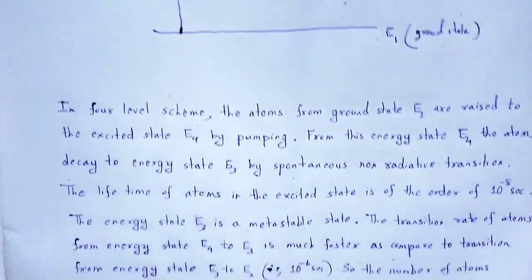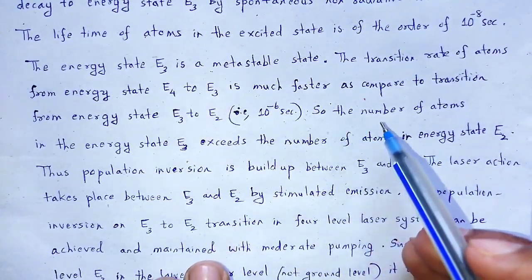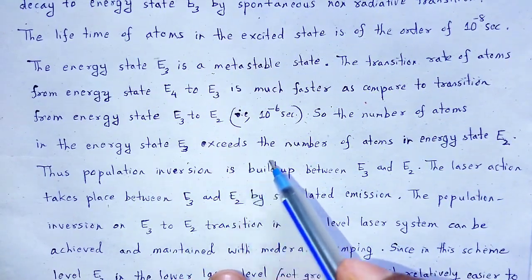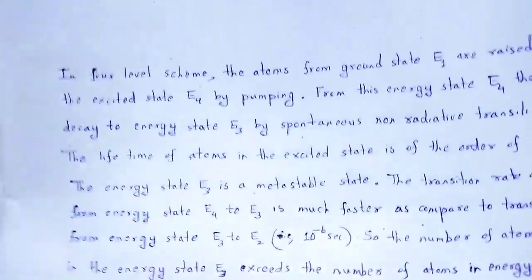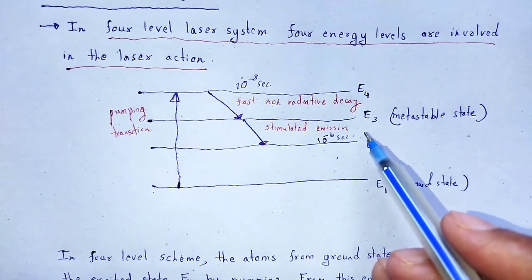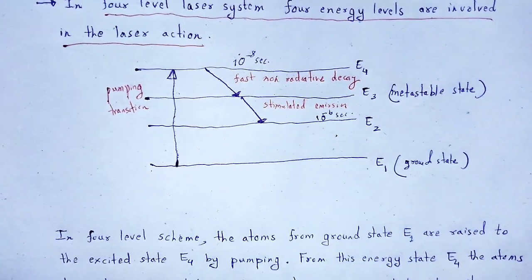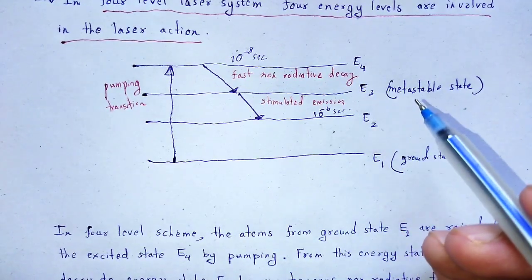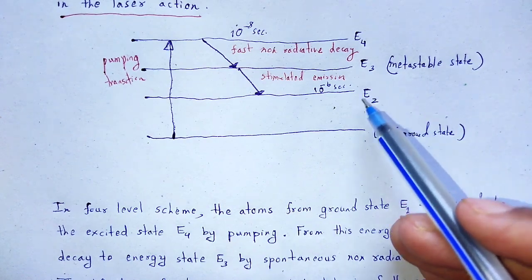Therefore, the number of atoms in the energy state E3 exceeds the number of atoms in the energy state E2.